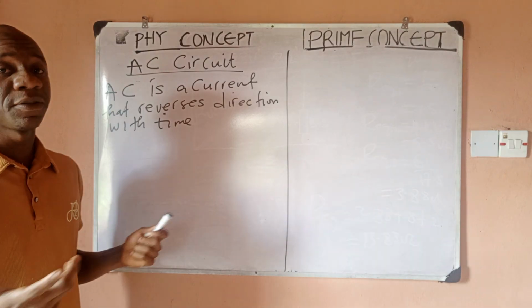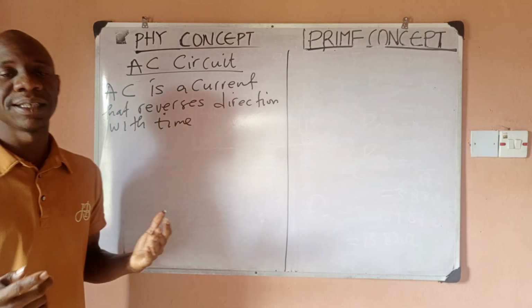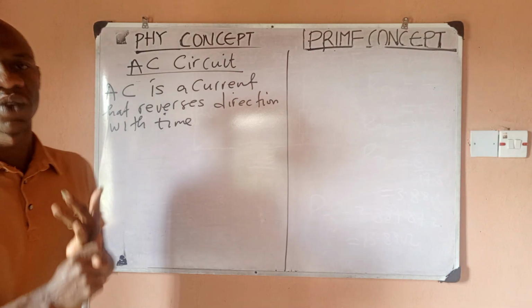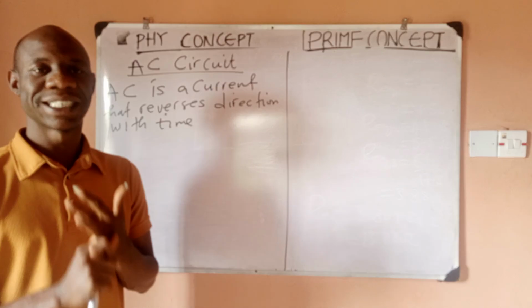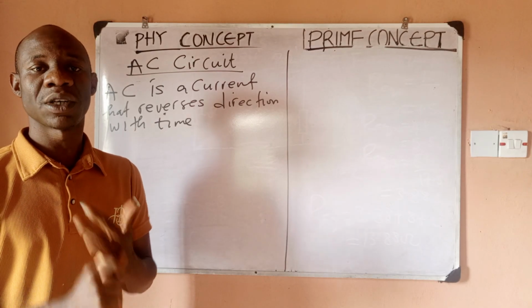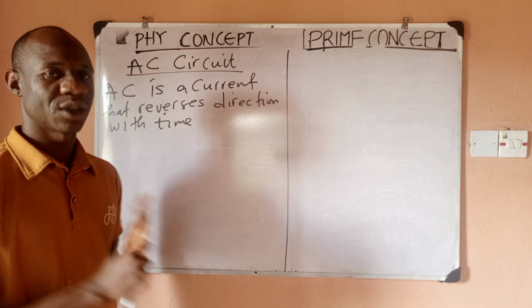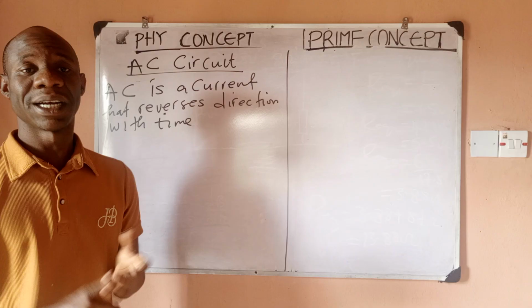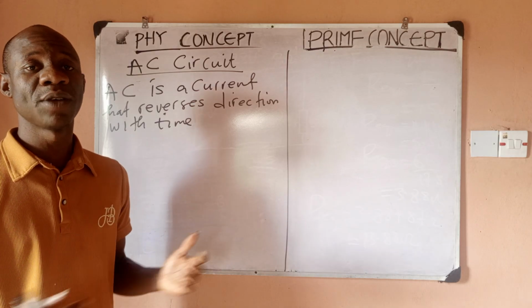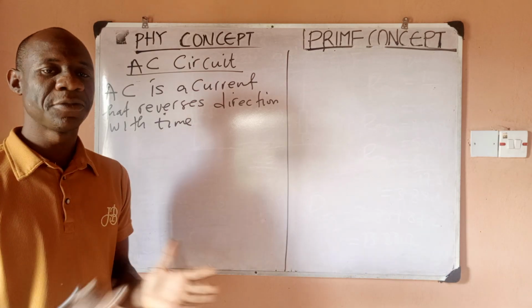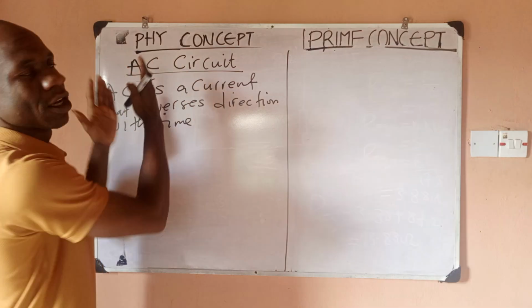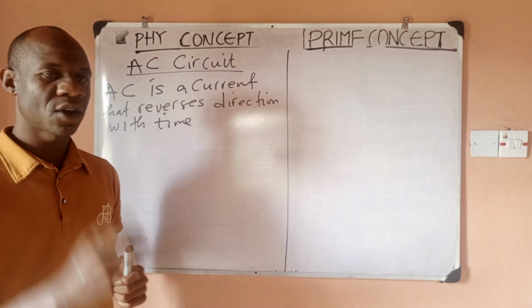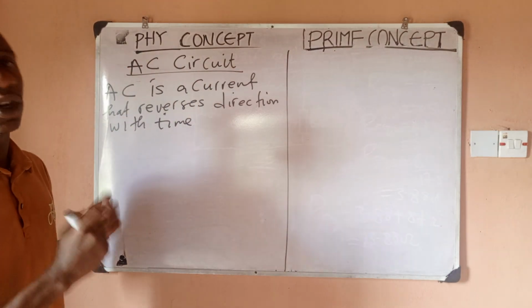We have different waveforms that can denote alternating signals. The most important to us is the sine waveform, the sinusoidal waveform, which is what we're going to consider. We have the triangular waveform, the rectangular waveform, the sawtooth waveform, and so on. These are different waveforms that indicate alternating current, but our focus is going to be on sinusoidal.